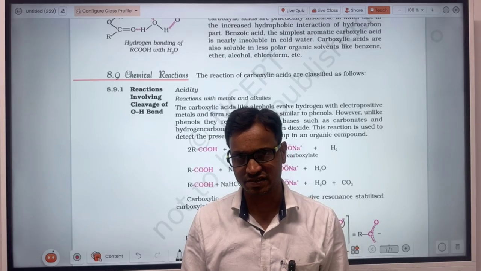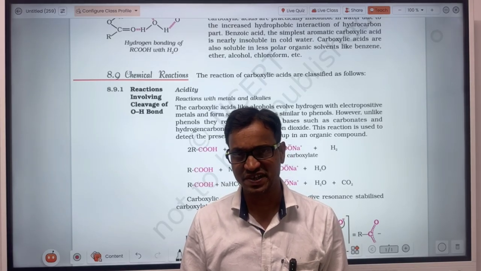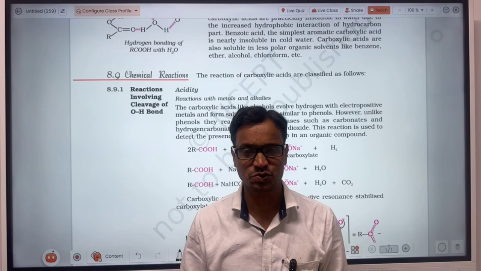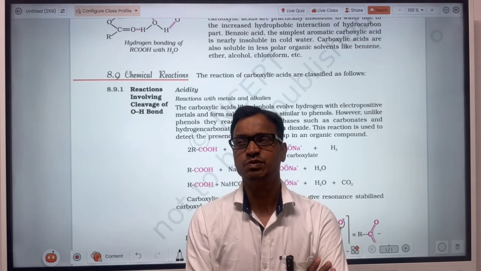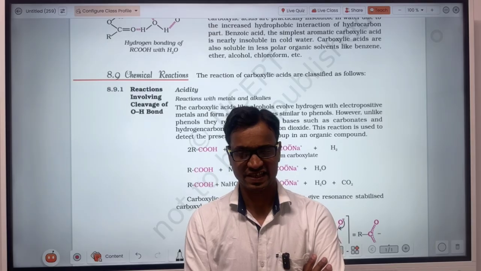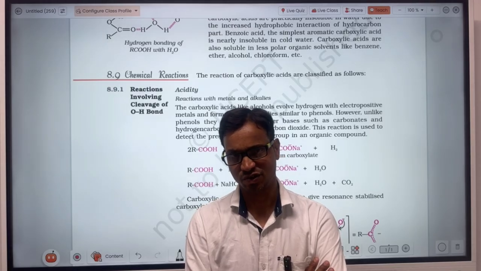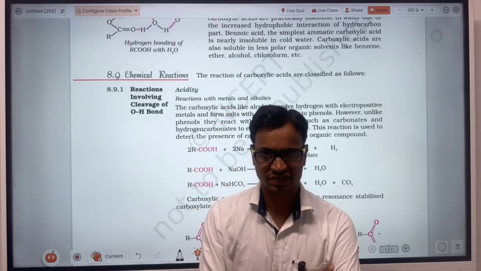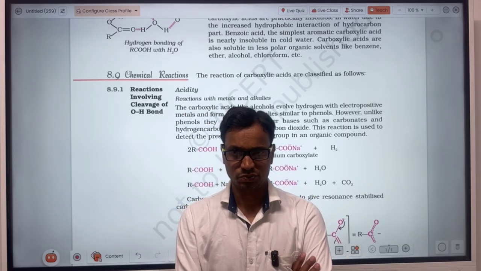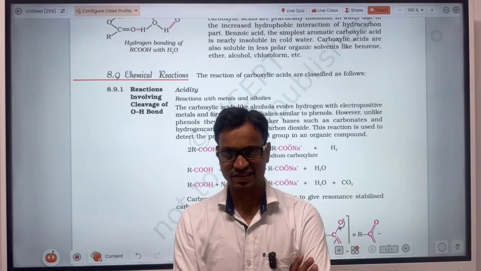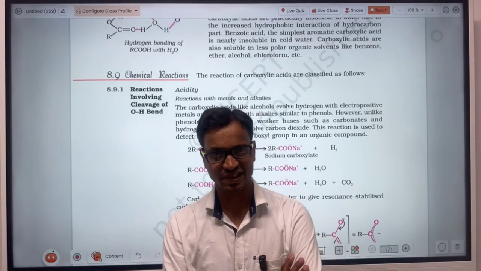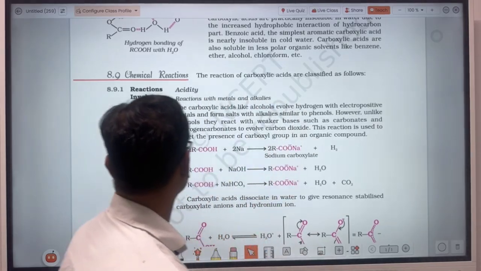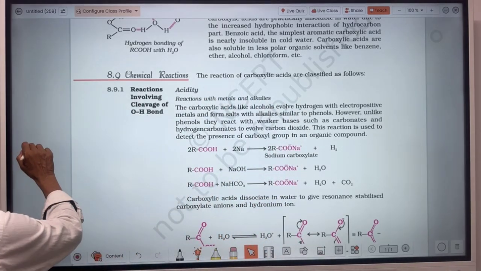First type of reaction is the reaction due to cleavage of the oxygen hydrogen bond. Second type is the reaction due to cleavage of the carbon oxygen bond, and the third type will be due to the involvement of the alpha carbon atom of the COOH group. Okay, so let's see some reactions.